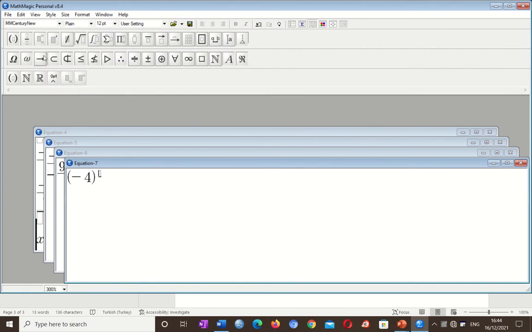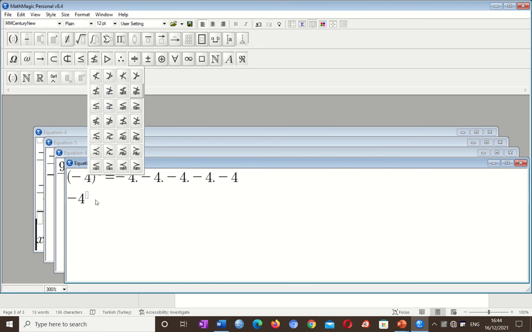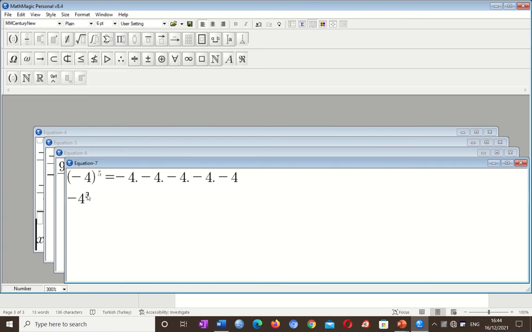Okay. Now here, let us think this again. If I have this 5 outside, this means that I have to multiply this minus 4 by itself 4 times. But if I have it like that, to the power 5, so it's important where we have these brackets. If I have it like that, then this means that minus 1 multiplied by 4, 4, 4, 4.